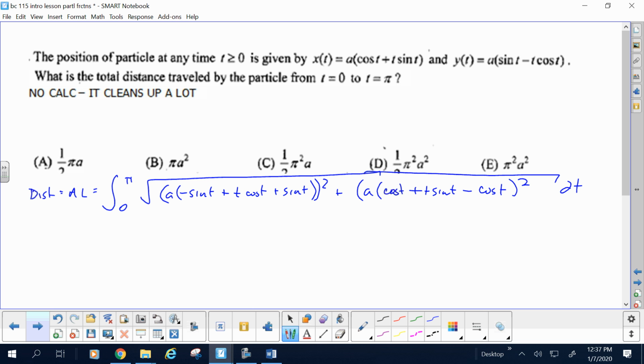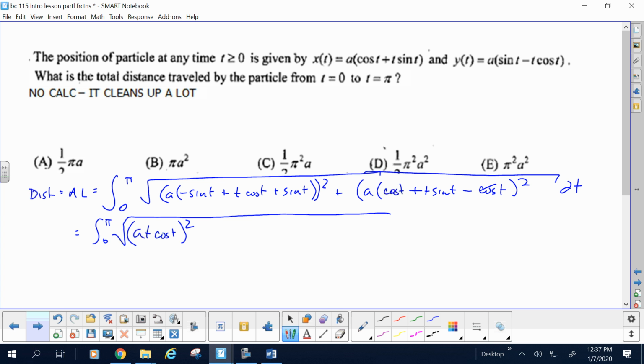Okay, so a little bit of clean up. Inside there, the sines drop out, and I just have t cosine t. So I have A t cosine t all squared, right? Do you agree?